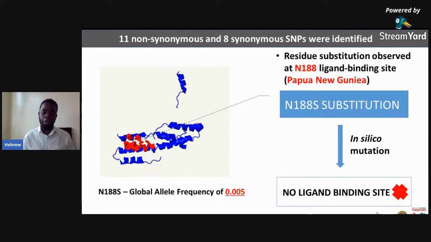However, I just wanted to say that this substitution has a very low allele frequency of 0.005 and was discovered in Papua New Guinea. So it is not discovered in areas where falciparum malaria is severe or has a high endemic rate, say like Sub-Saharan Africa, Southeast Asia, Southwest Asia. So it means it is restricted to one region and has a very low allele frequency.